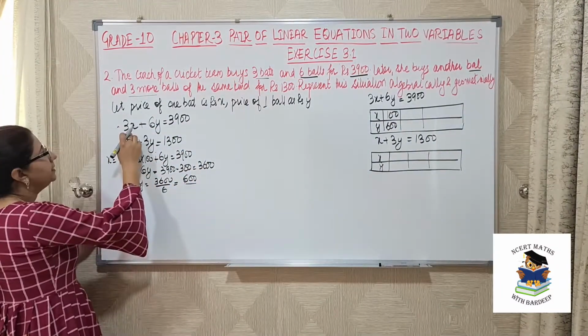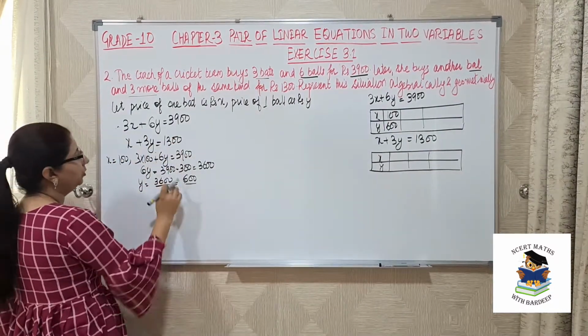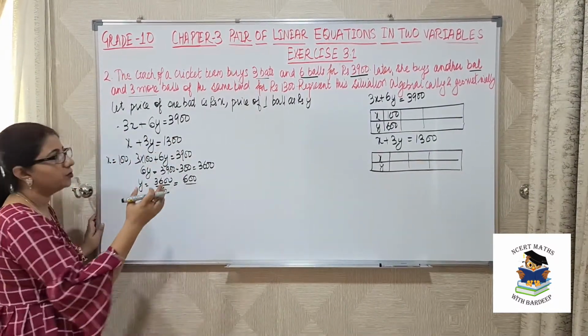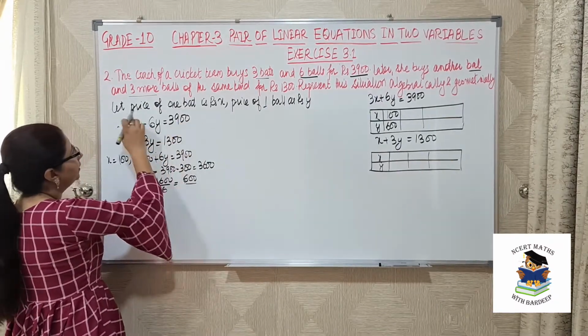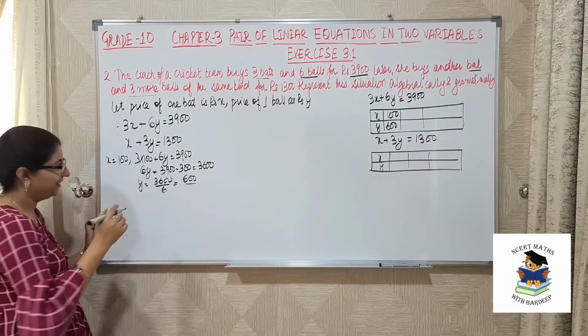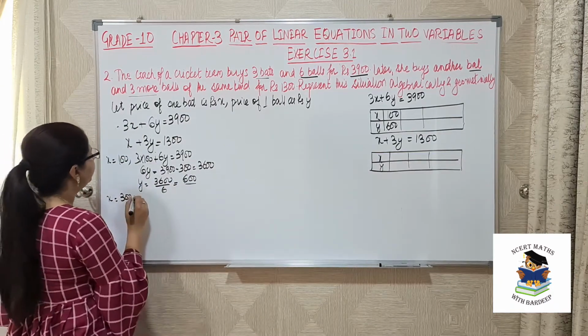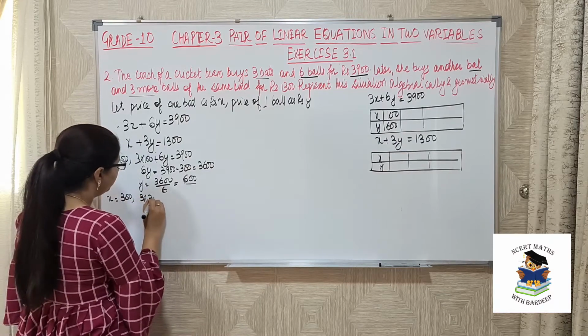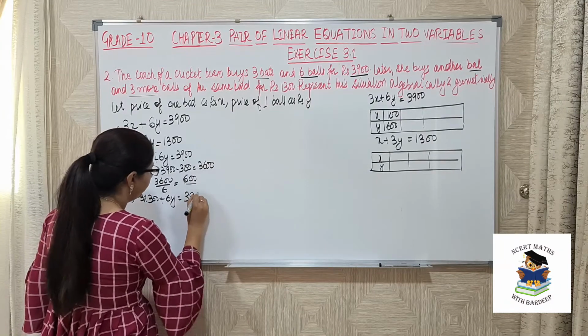Right? Second is, see, I can put x as 200 or 300. So next multiple possible is 3000. So I need 3000. So here I should subtract 900. So 3 into 300 is 900. This is your own calculations. You can do your own way. So 3 into 300 plus 6y is equal to 3900.